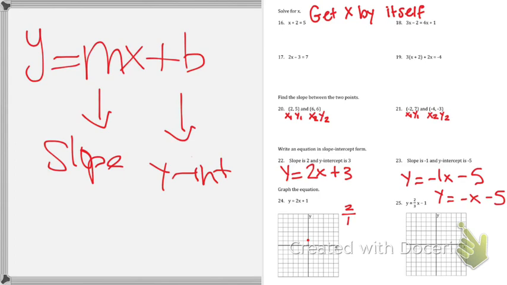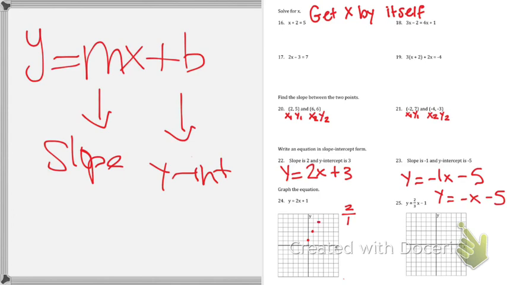So put your pencil on your 1, that's your y-intercept, count up 1, 2. Well, over 1. I'm having some trouble here.